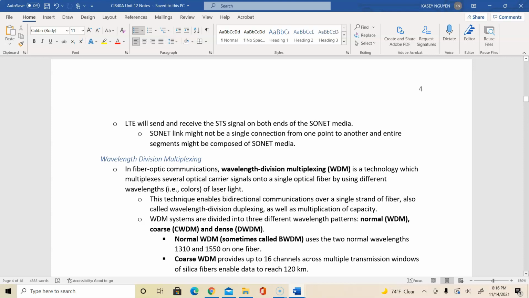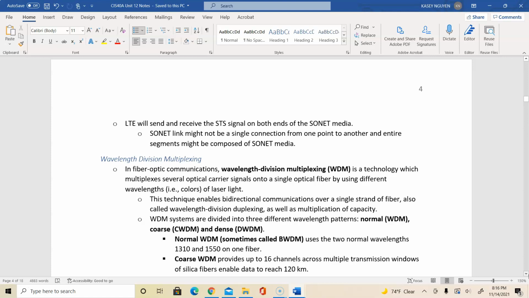There is normal wavelength, which is classified as normal WDM, coarse wavelength or CWDM, and dense wavelength DWDM. In the normal wavelength, you would have 2 normal wavelengths of 1310 and 1550 on one fiber, whereas coarse wavelength, you would have 16 channels across multiple transmission windows with silica fiber that would enable it to reach 120 kilometers.